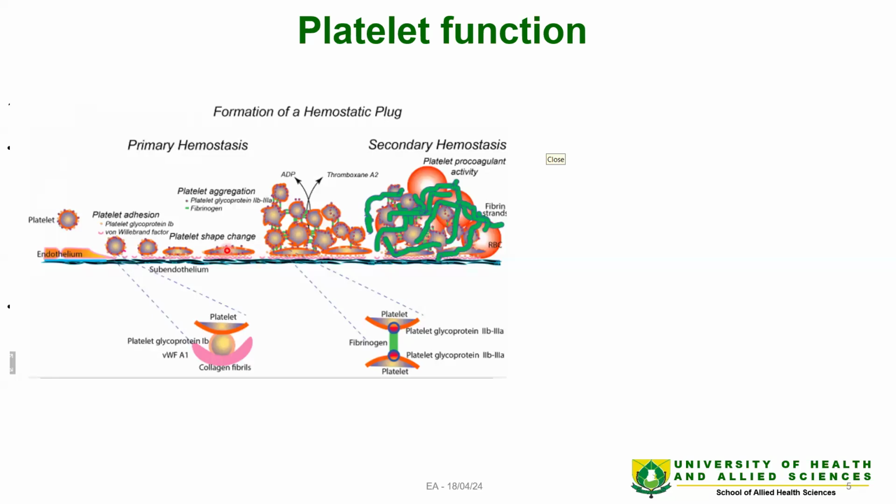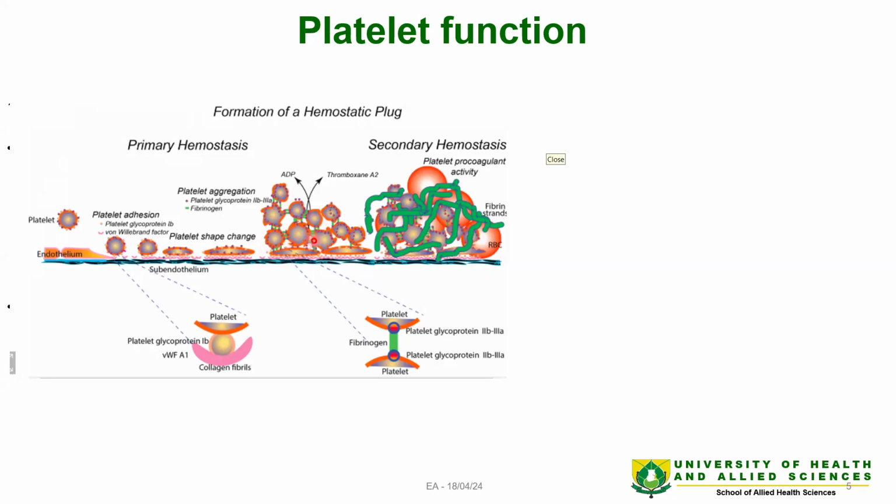Following this, they release their content, and the content helps to attract more platelets to the site. One of the contents they release that causes attraction of more platelets is ADP. ADP is released, and it helps attract more platelets, which come to aggregate at the site.